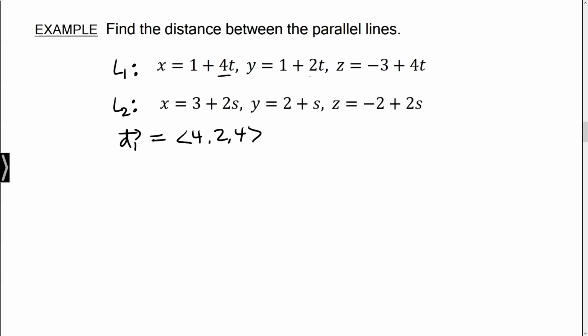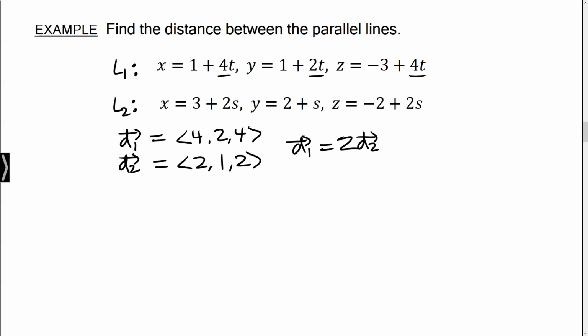Right, it's from there, there, there. The direction vector for the second one is (2, 1, 2). So we see that D1 is exactly 2 times D2, and so since they're scalar multiples of each other, that means they are parallel lines. So it's just a good thing to check before you go ahead.